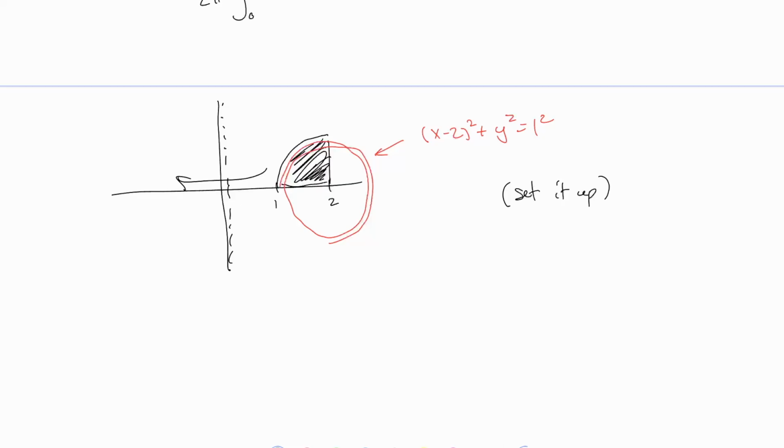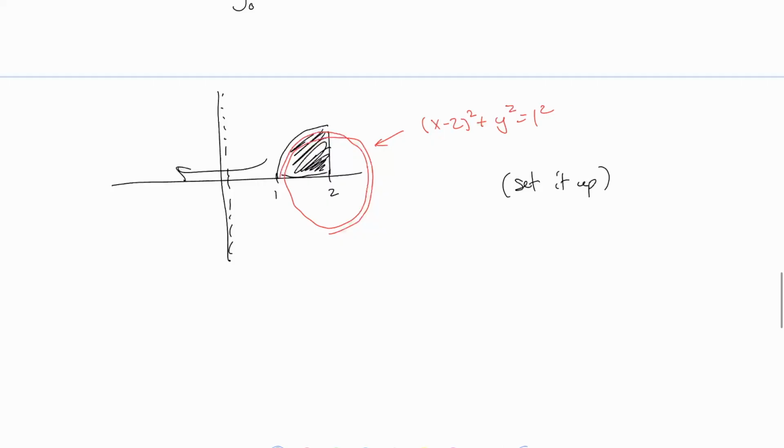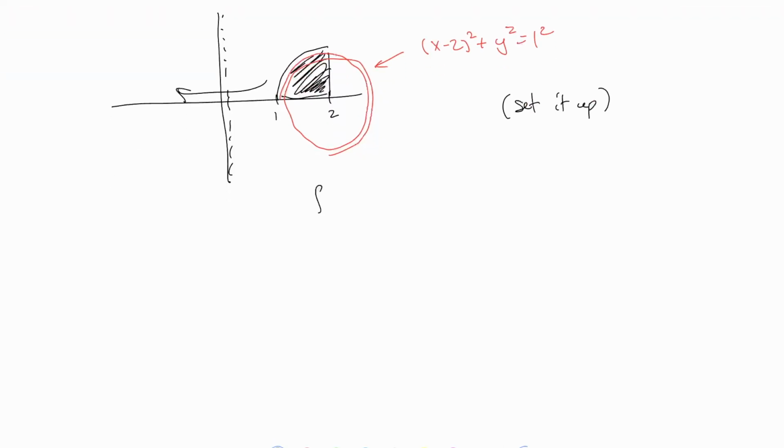This one's a little weird. The f of x is the hard part here. For the f of x, you should solve this thing for y, all right? And that will involve doing a square root at some point. Let me just write, I'm going to solve this for y here. It'll be y squared equals 1 minus x minus 2 squared, like that.